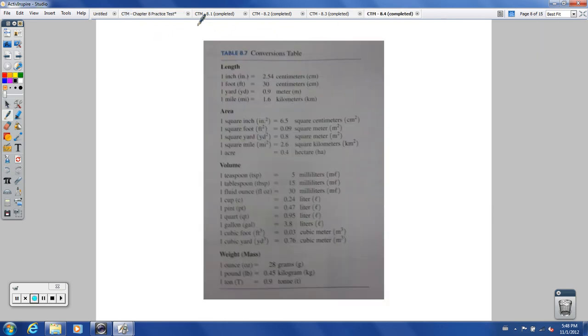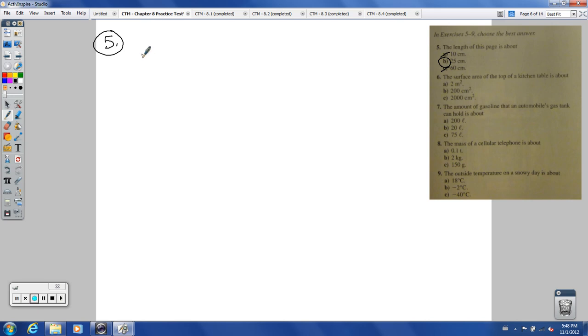Most of the pages in books, around 8.5 by 11, is a normal size for paper, sometimes a little bit smaller, sometimes a little bit bigger. 8.5 by 11 inches is what I'm referring to there. So it's saying the length of this page.